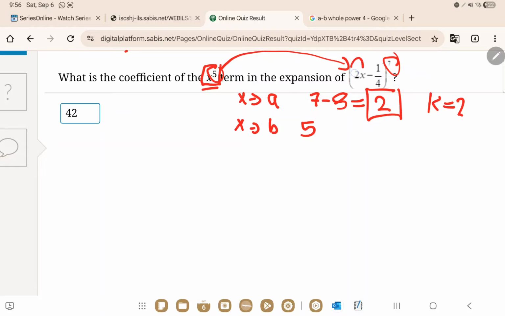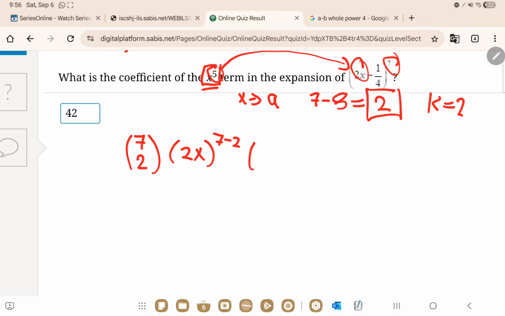So here you have x in A, so it is the first case, so k equals 2. And now we just solve with k equaling 2. So 7c2 into 2x to the power 7 minus 2, which is 5, into negative 1 over 4 to the power of k, which is 2.